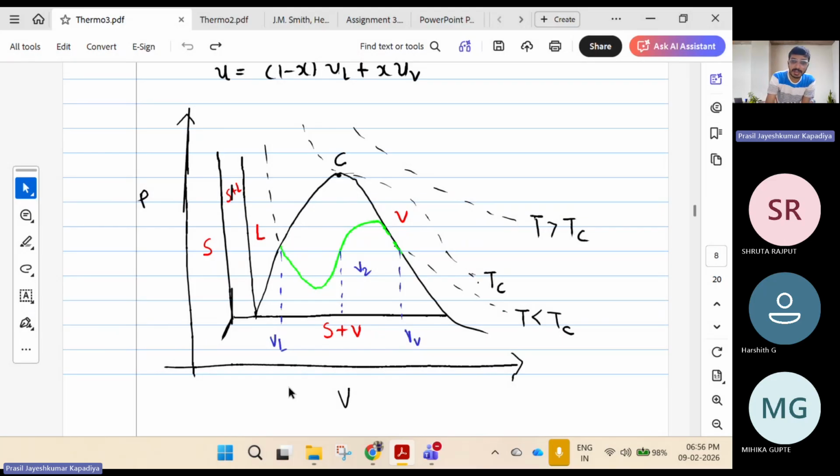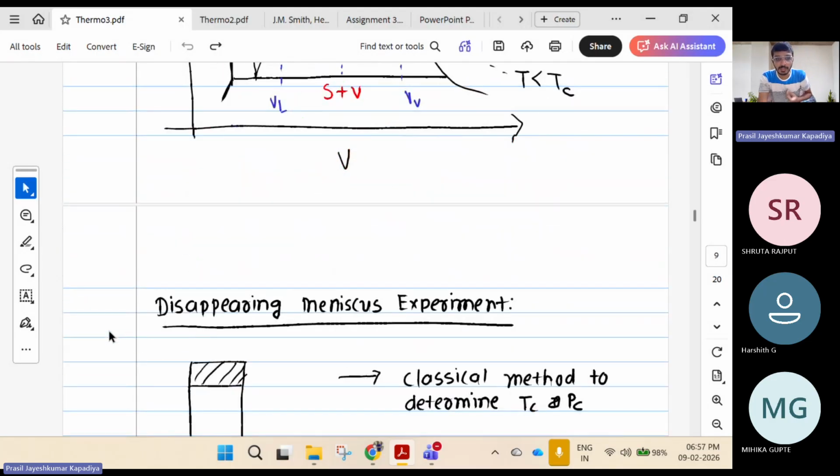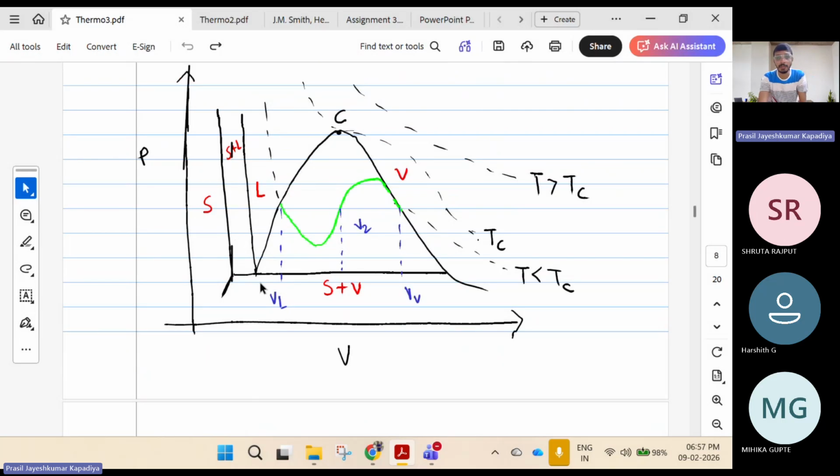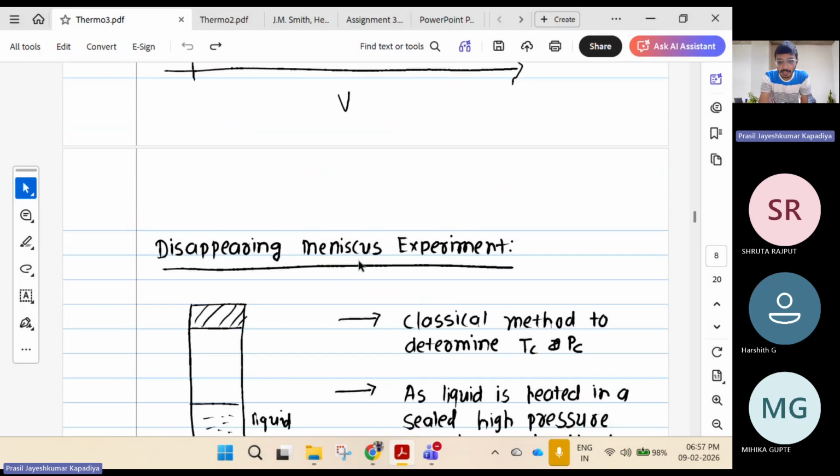In reality, the curve is not a straight line, it is like this, and this third root is not significant because pressure and volume both increase, showing that they are proportional, not inversely proportional. This is not something we can achieve. So this is something that you should remember. We will see some examples and some equations of state in upcoming slides.